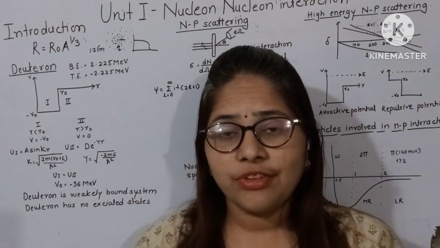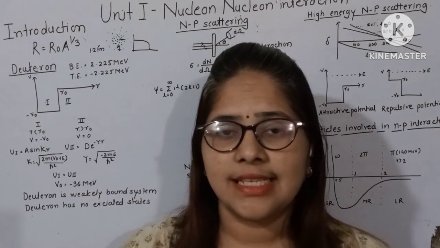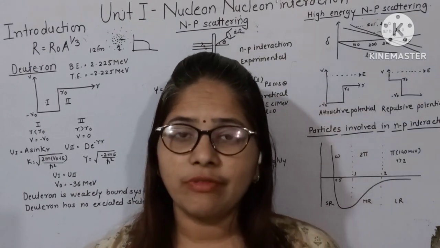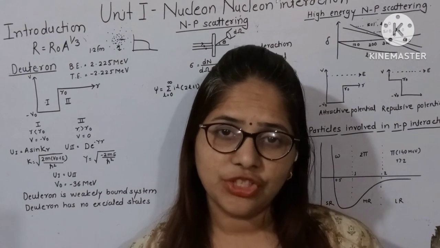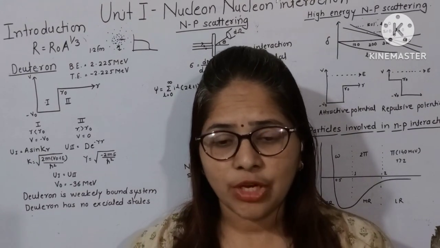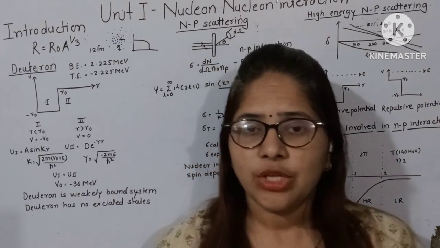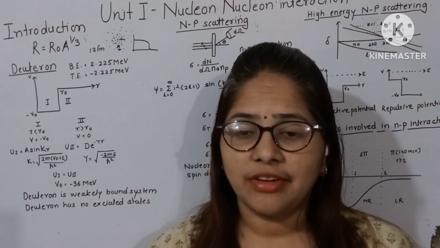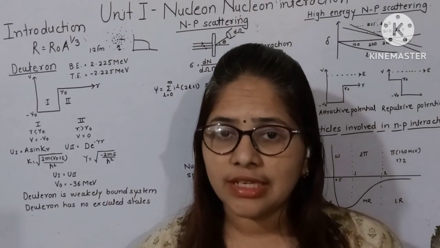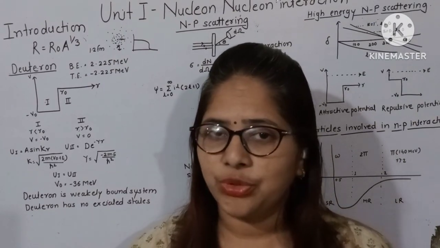If you study the interaction of this one neutron and one proton, you can apply the same potential to heavier nuclei. So the basic element to understand the nature of nuclear interaction is the deuteron.